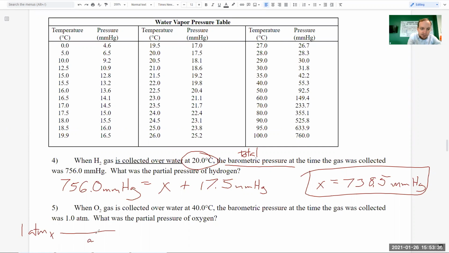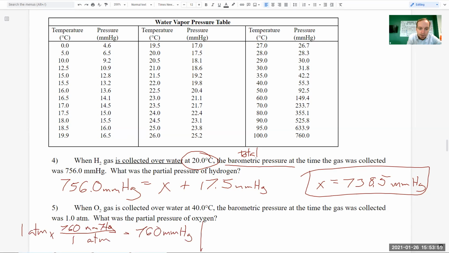I'm going to put atmospheres down here, and I'm going to put millimeters of mercury up here. Hg. All right, so for every 1 atmosphere, it is 760 millimeters of mercury. Again, that is a constant that's given to you on your formula chart. So if I take 1 times 760 divided by 1, it's going to be 760 millimeters of mercury.